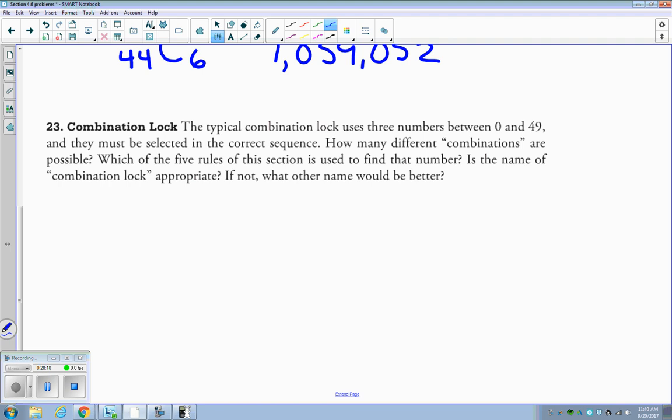So how many different combinations are possible? Is that really a combination or is it really a permutation? It is a permutation because order does matter. Okay, so how many numbers am I choosing from? 50 because I include 0, permutation, and I need 3.